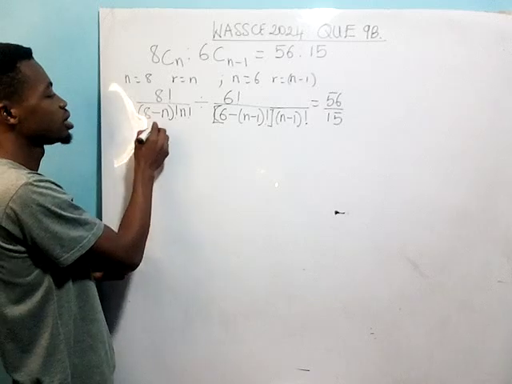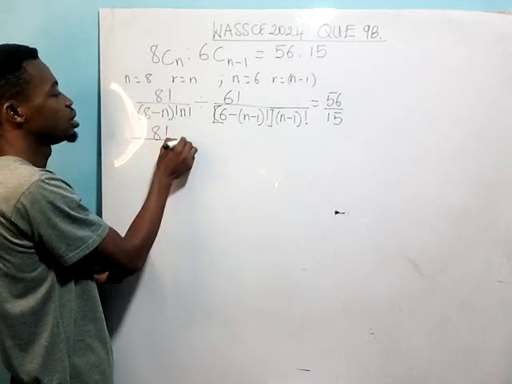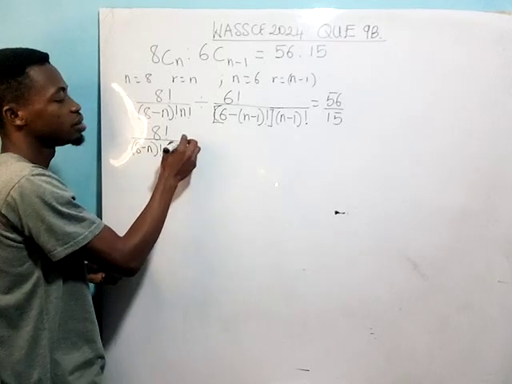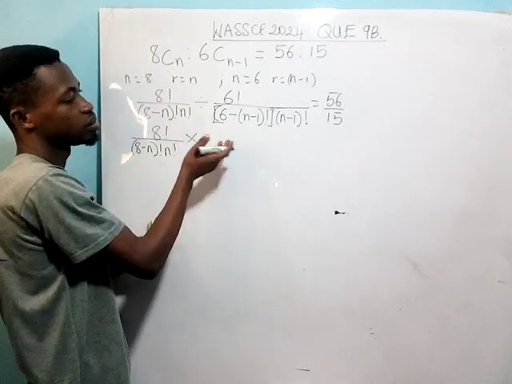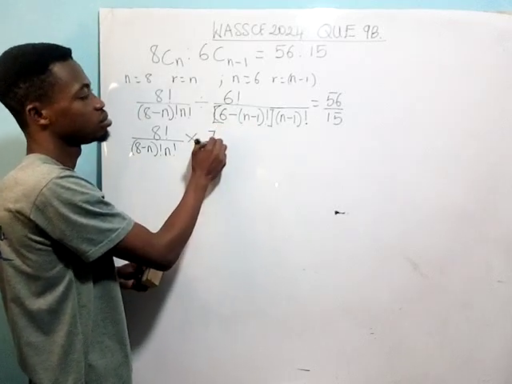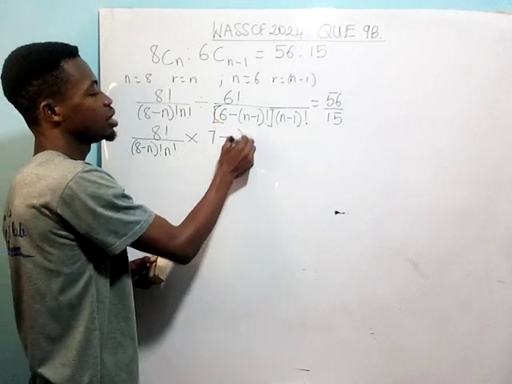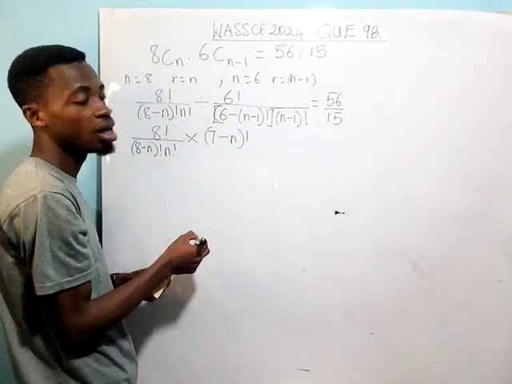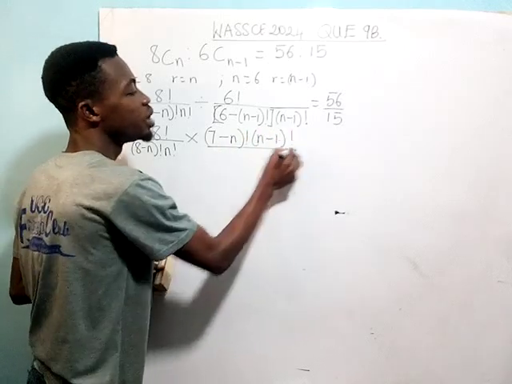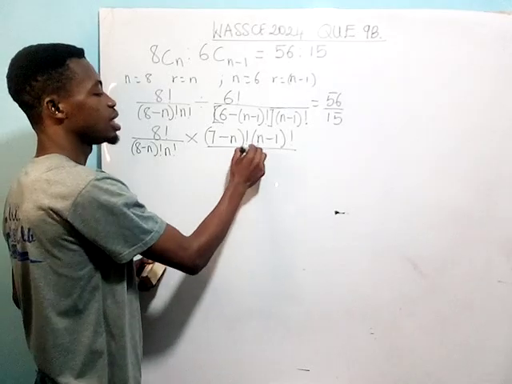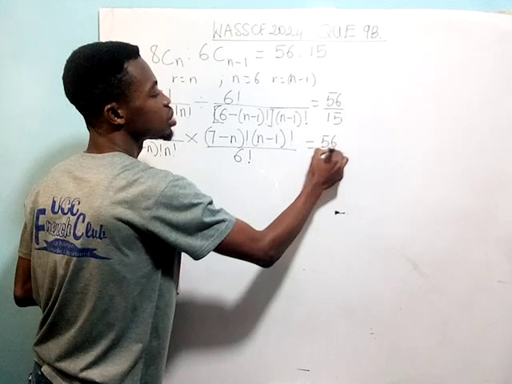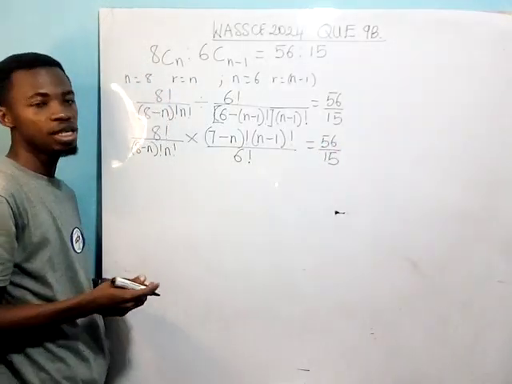Now this is going to give us 8 factorial over (8 minus n) factorial, times here 6 minus 1 is 7, then (7 minus n) factorial followed by (n minus 1) factorial, all over 6 factorial, is equal to 56 on 15.